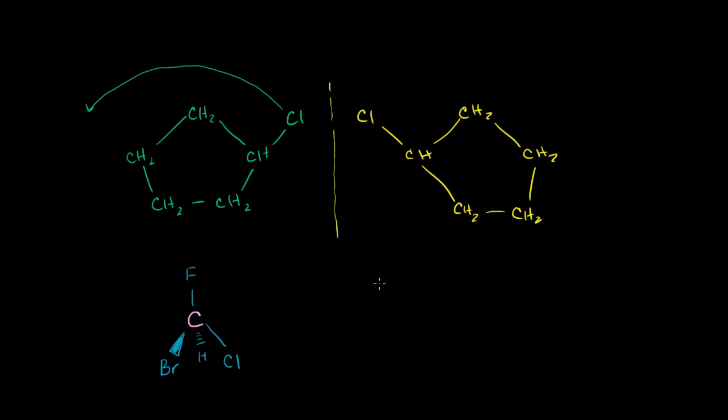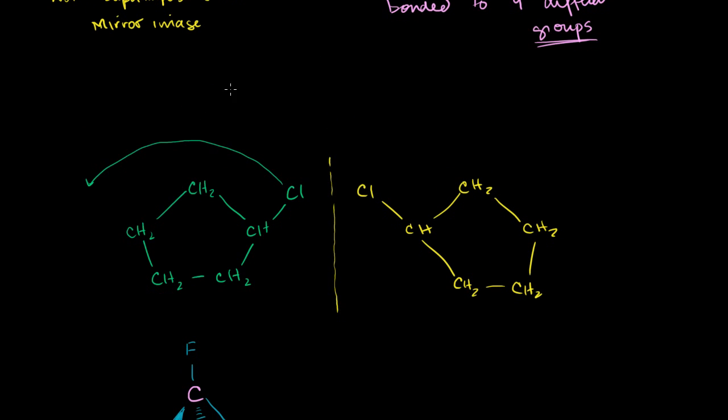You would have a CH2. So let me do it up here where we have a little bit more space. If I were to rotate this about that far, I would get a CH, you get the chlorine, and then you have your CH2, and then you have another CH2, CH2, and then you would have your CH2 up there.